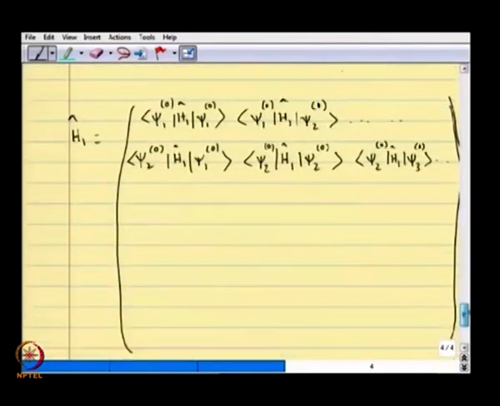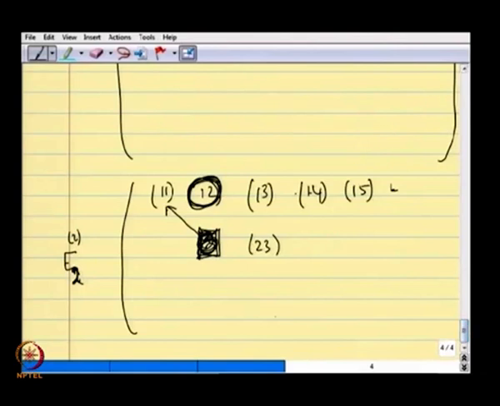Okay. So this is the 3 2 matrix element. So it involves a 3 2 matrix element, but the difference between the energies 3 and 2. And what about the next one? The next one will be 4 2.